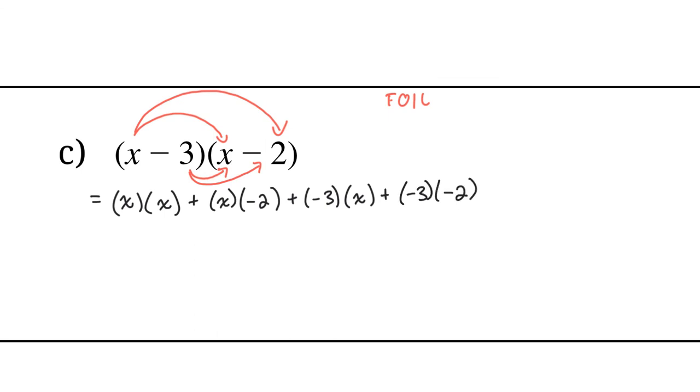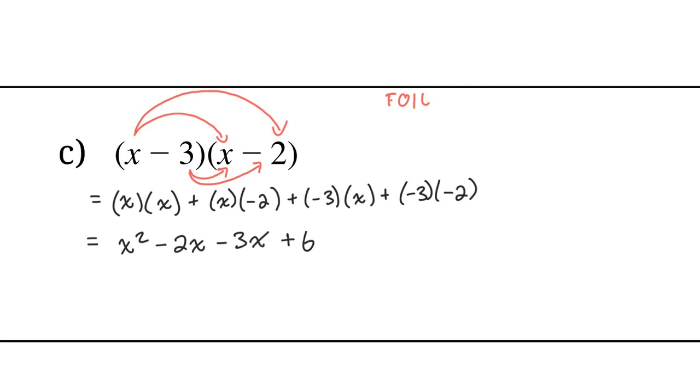And then we can actually do this multiplication. So x times x is just x squared. X times negative 2 is just negative 2x, so we're going to put minus 2x here. Negative 3 times x is just a negative 3x, and we'll put minus 3x. And negative 3 times negative 2 is just a positive 6, so we can put plus 6.